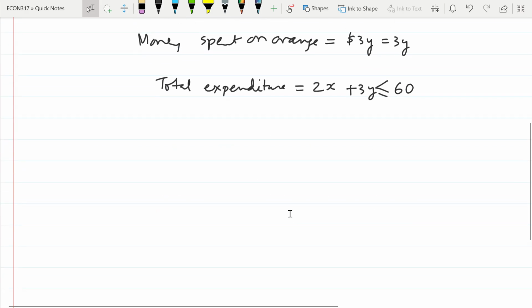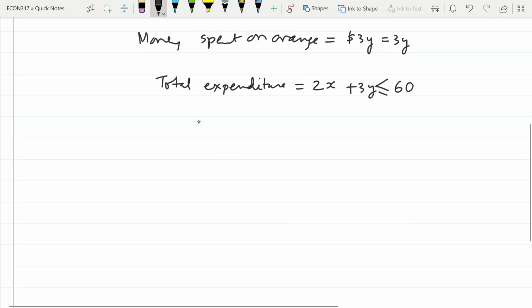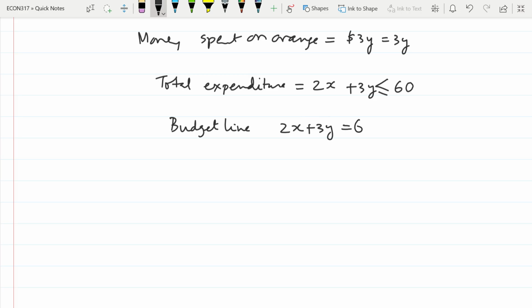Now I will draw this budget set, but let's look at one specific feature of this budget set. Suppose we decide to spend all our money, so nothing remaining, then we call that situation the budget line, and which means 2X plus 3Y is exactly 60.